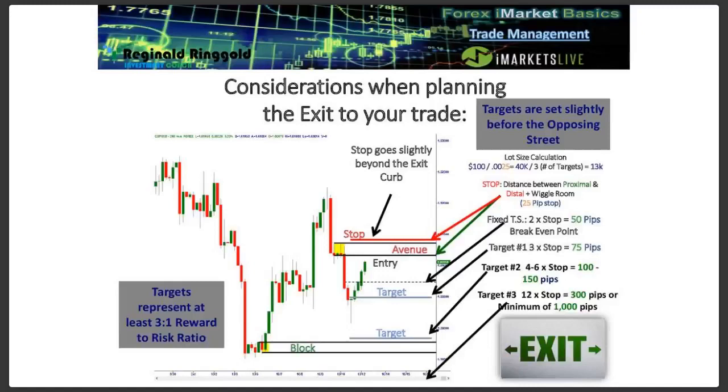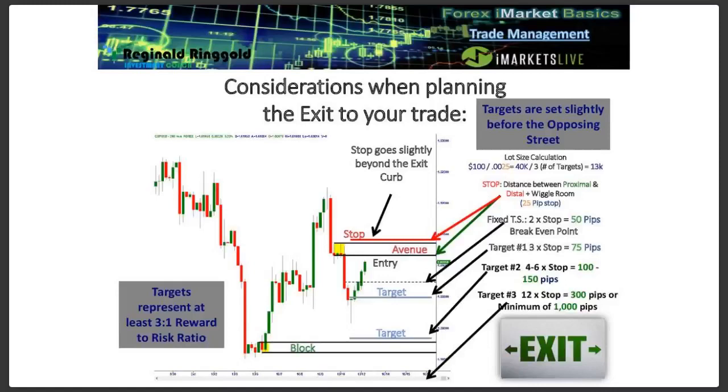A lot of you don't realize it's 40,000 units of the base currency. Bam, 40,000 units of the base currency, okay? Now, the stop size, 25 pips.